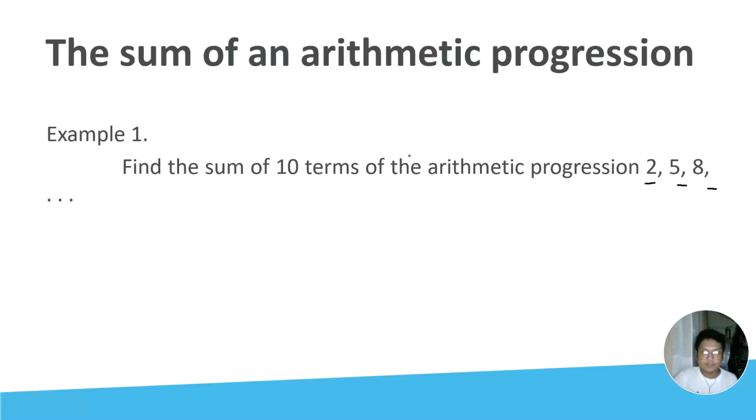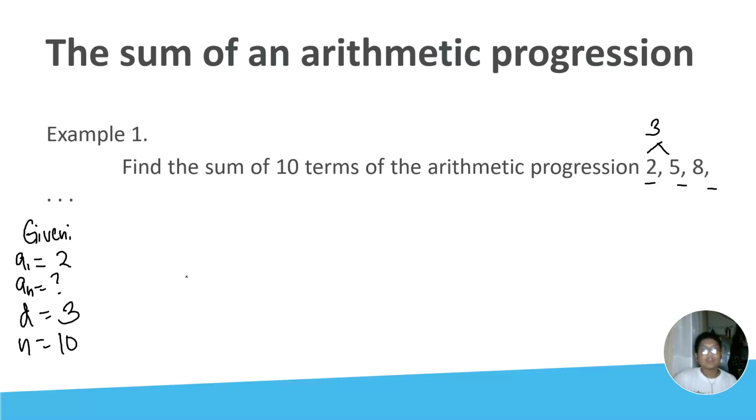But, using the formula, okay, we have a given of a sub 1, which is 2. A sub n is unknown. Common difference, subtract lang natin to, 3. Common difference of 3, and n, syempre, number of terms, is 10.